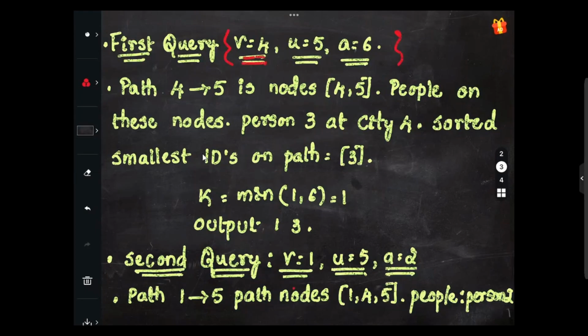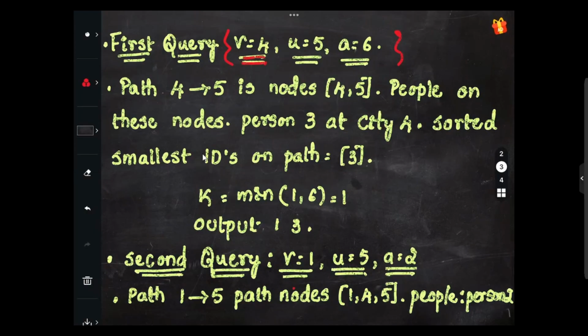In the question they have mentioned v, u, and a, right? For Q queries, given v, u, and a. There is a tree with N cities and M people. N is the number of nodes, and M is the number of people.